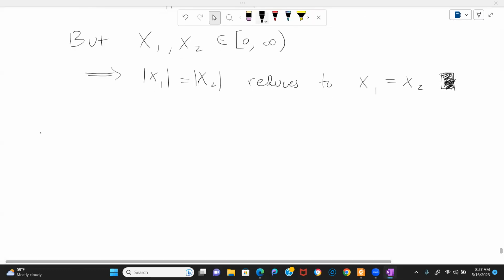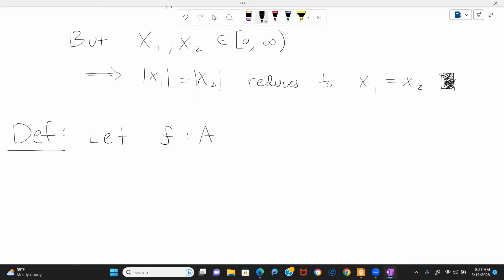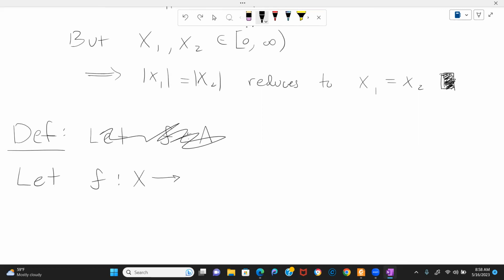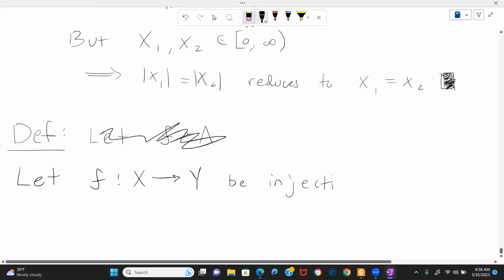All right, so let's define an inverse function. We said x and y was there, so let's keep it like that. Let f be a function from x to y, injective in the above sense.